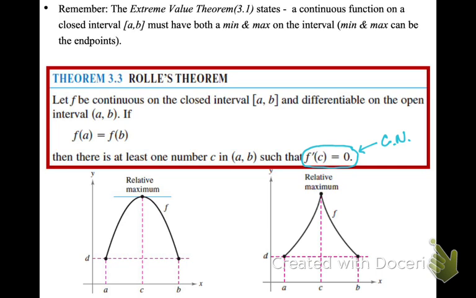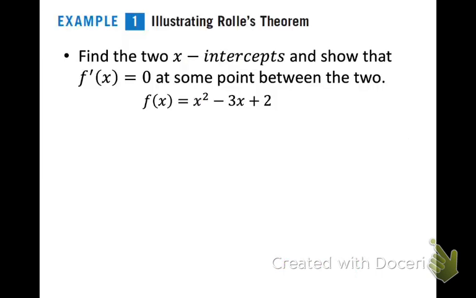You guys good? So find the two x-intercepts and show that f prime of x equals 0 at some point between the two. So how do I find x-intercepts?